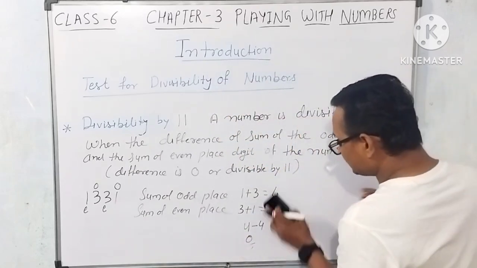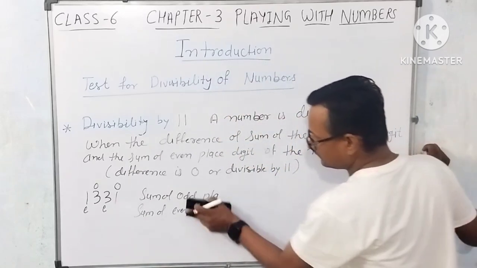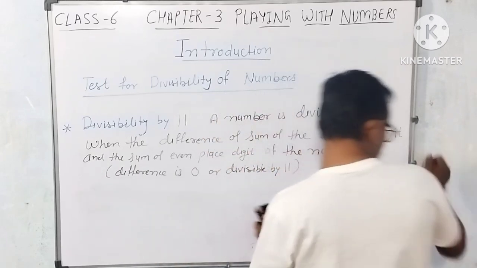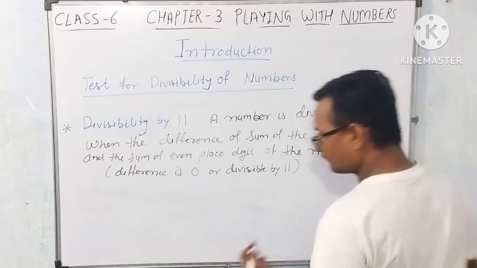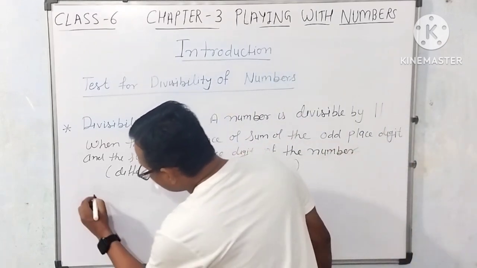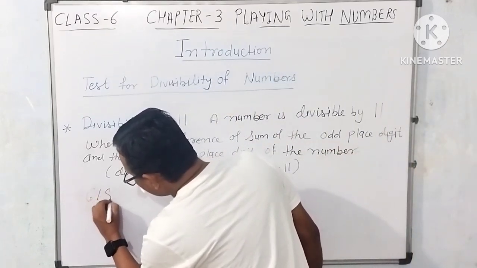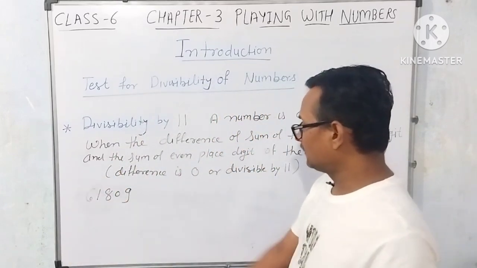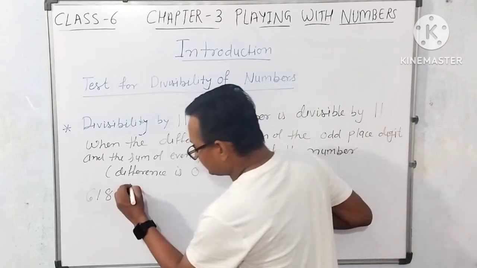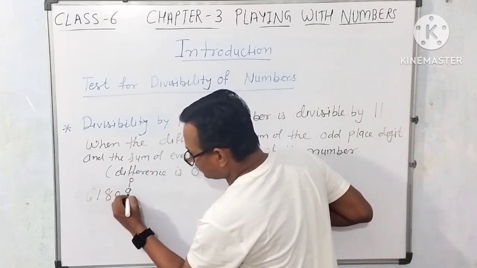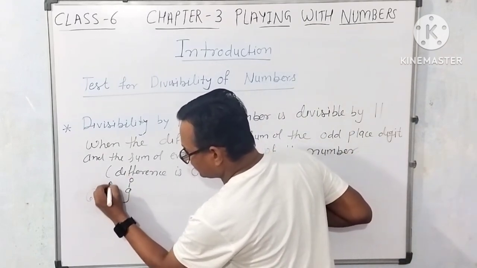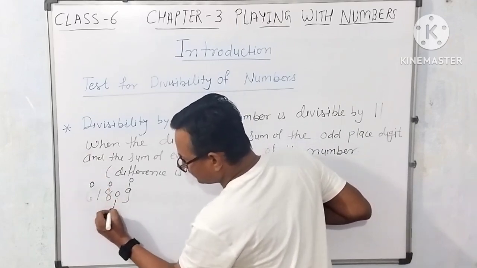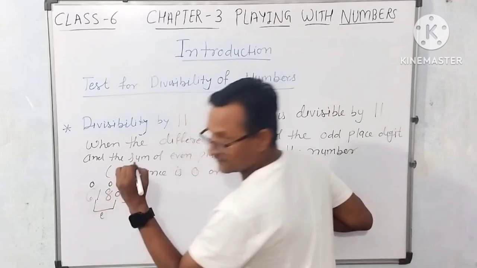Let's understand by another example. A number 61809 is there. Let's check the odd places. So this one is an odd place, 1, 2, 3. This one is an odd place, 4 and 5. This one and this one are even places.